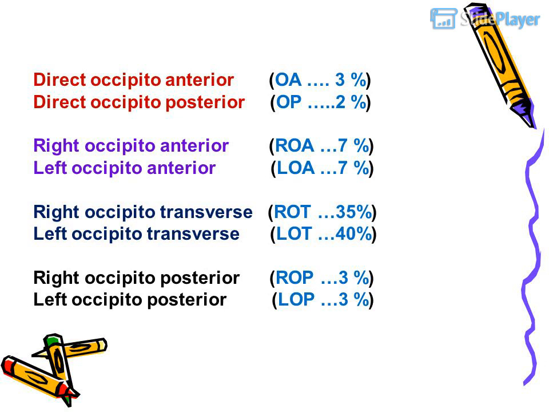Right occipito-anterior, ROA, 7%. Left occipito-anterior, LOA, 7%. Right occipito-transverse, ROT, 35%. Left occipito-transverse, LOT, 40%. Right occipito-posterior, ROP, 3%. Left occipito-posterior, LOP, 3%.